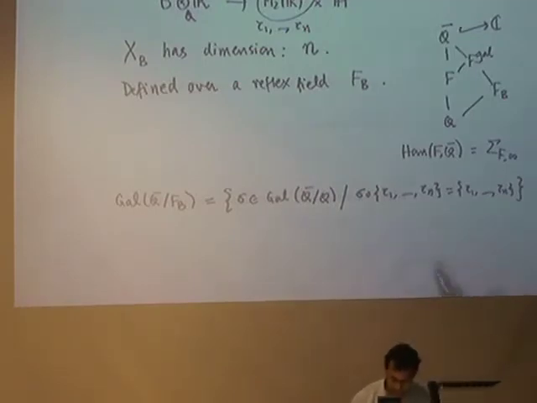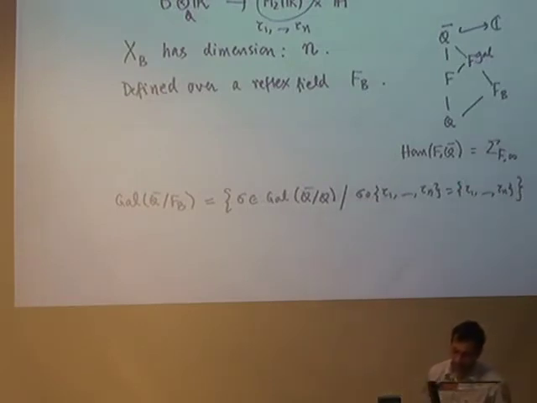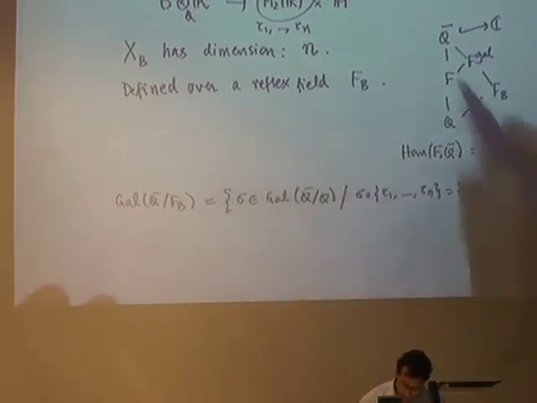And it's obvious that it's contained inside the Galois closure. So there's some other field that this is going to be defined over. So for example, I fixed one embedding.